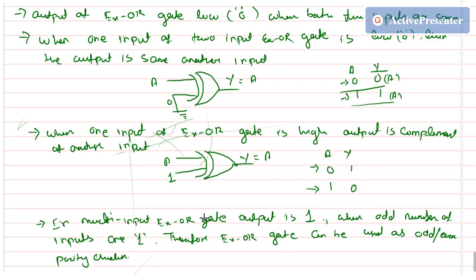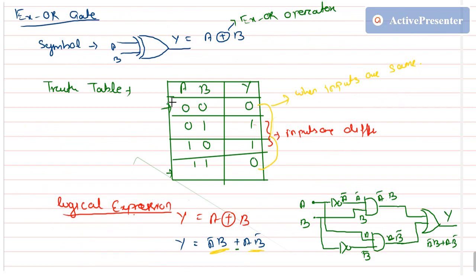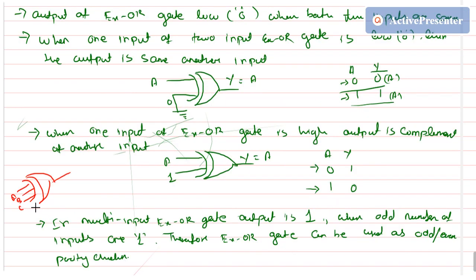Let us take one small example. Suppose there is an XOR gate with 3 inputs A, B and C. From the truth table we know what happens with 2 inputs, but what happens with 3 inputs? It says that when an odd number of inputs are 1, the output will be 1.